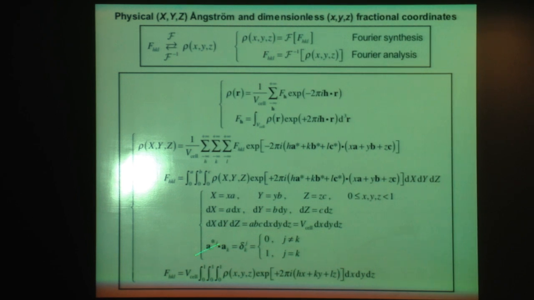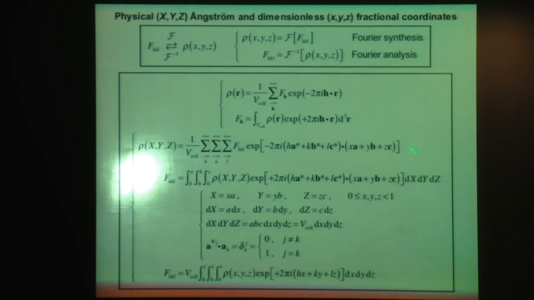And we have this property of the reciprocal and direct lattice repeats, translation vectors, okay? If we're talking about a star times a, or b star times b, or c star times c, that evaluates to unity. If i and j are equal, but if they're different, if we're talking about a star dot b, a star dot c, and so on, then they go to 0.